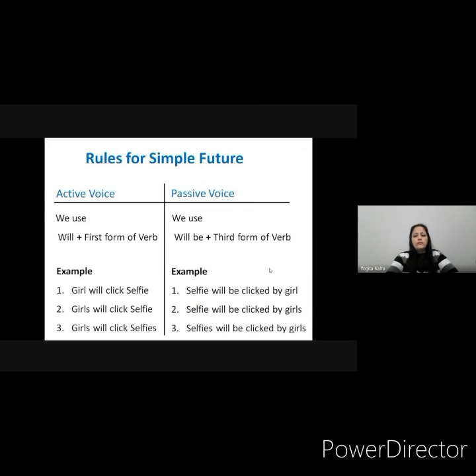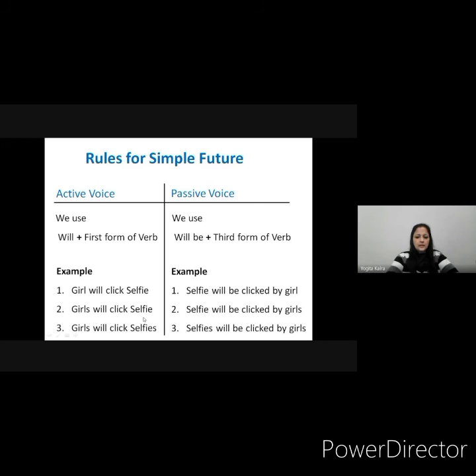Now rules for simple future tense. In the active voice, we use will plus the first form of the verb, whereas in the passive voice, we use will be plus the third form of the verb. For example, girl will click selfie. So here you can see that will click is the simple future tense, whereas by changing into the passive voice, it has become: selfie will be clicked by girl.